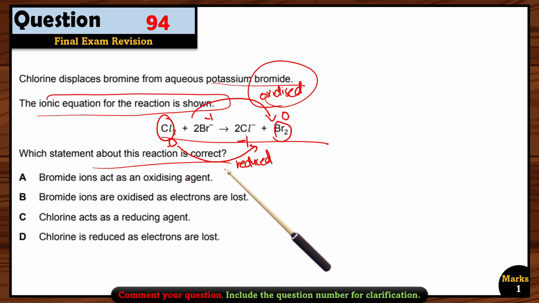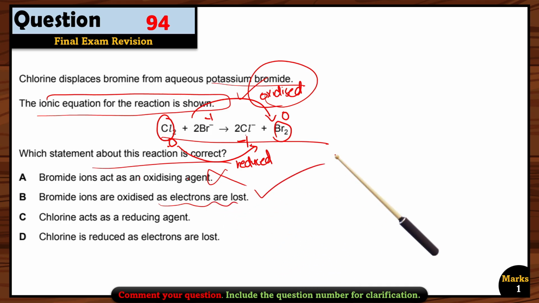So bromine is not an oxidizing agent because bromine is actually oxidized itself. When it's oxidized itself, it means it will reduce another substance. So this option is wrong. Bromide ions are oxidized. Yes, that is right. As electrons are lost. Yes. Oxidation means the loss of electrons. So option B is the right option.